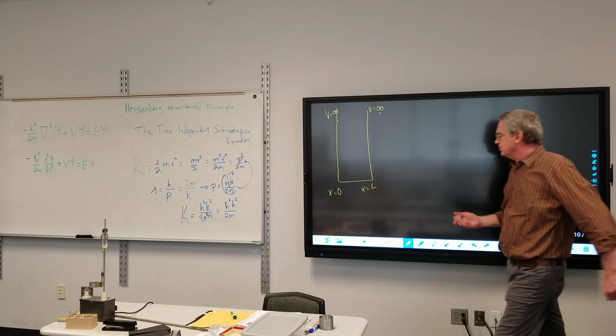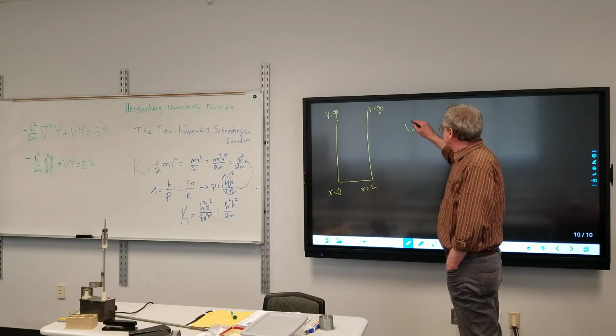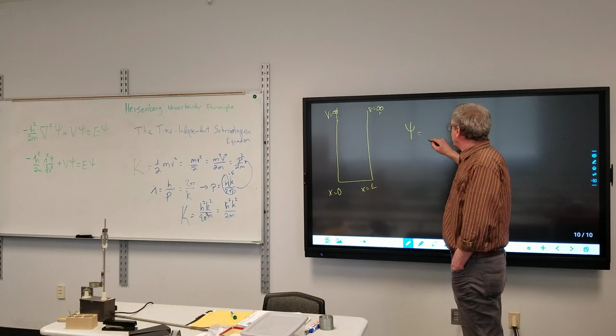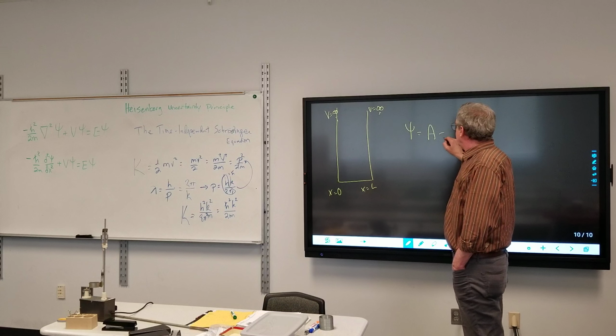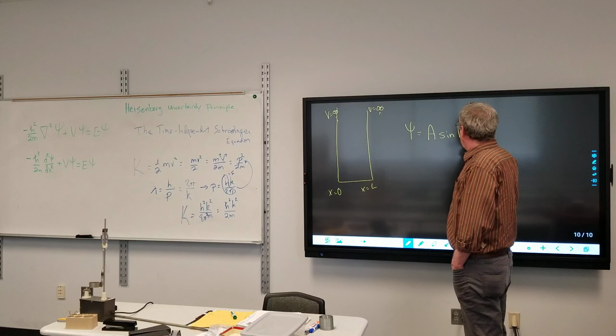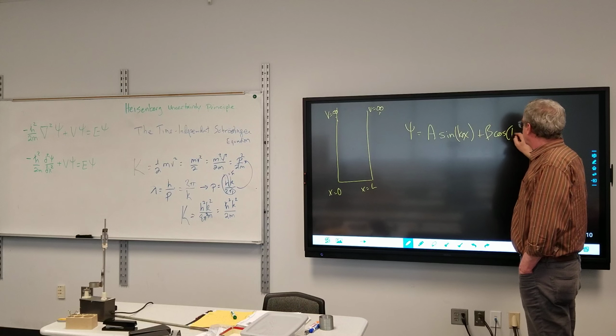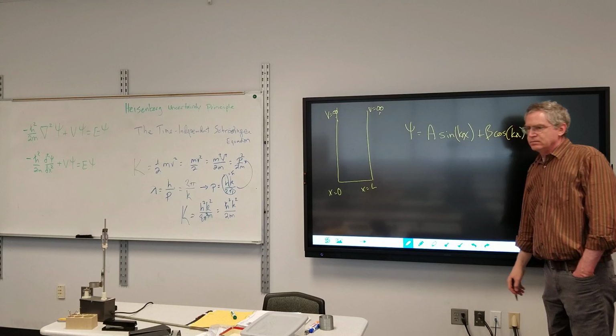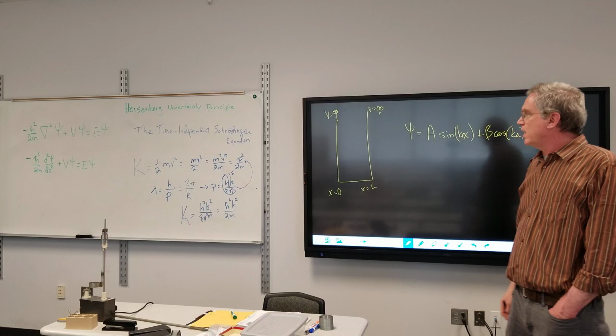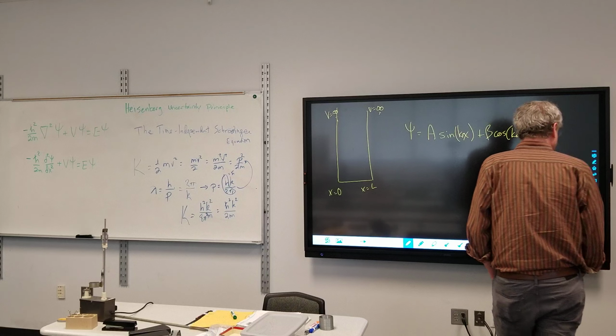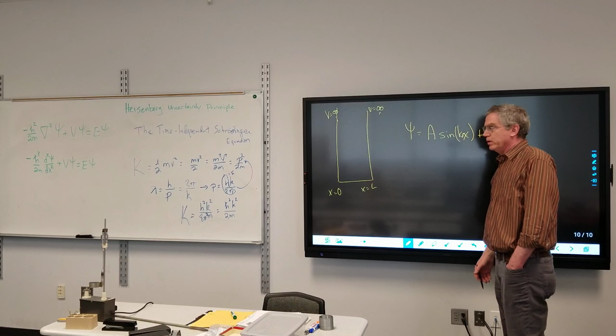And so, fortunately, it has been done already. But we're going to start out with just some generic A sine kx plus B cosine kx. Just a generic equation that I know that will work.